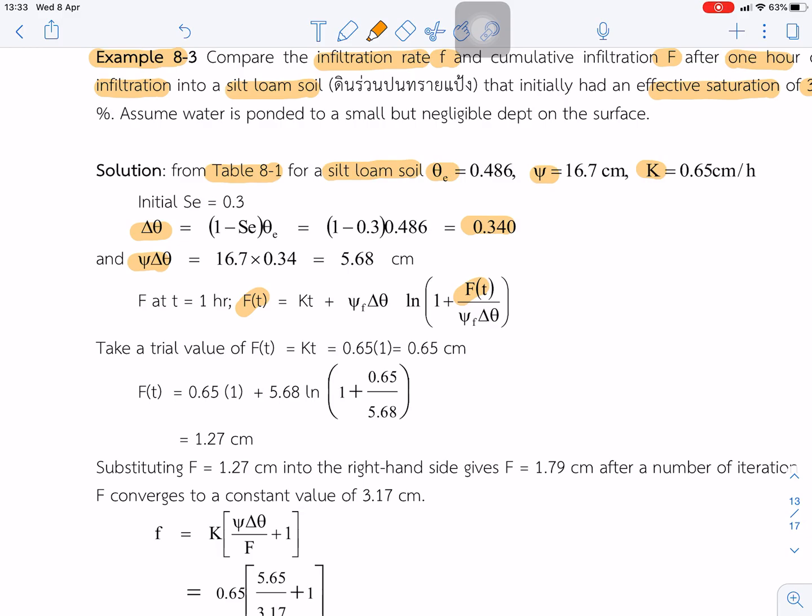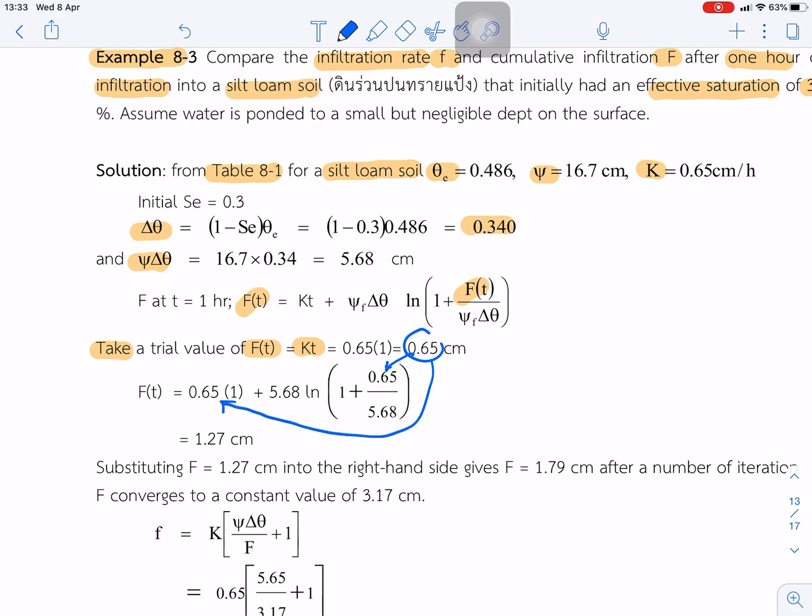So we have to take the first trial by assuming that there is only one term. If the second term is 0, the first we got F is 0.6, and next we substitute this number in this side and check again.